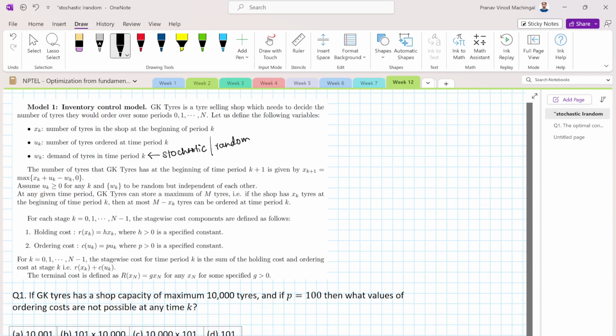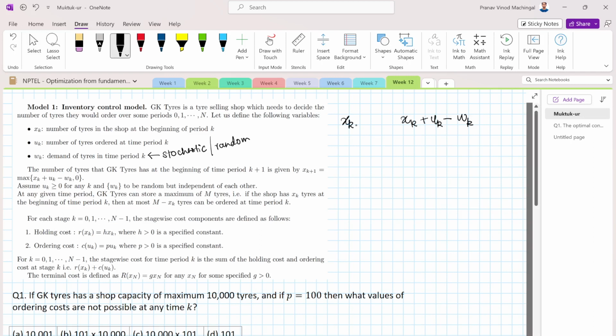So this is how the system is evolving. In the next month, your stock will be equal to whatever is your stock at the current month plus whatever you have ordered in this month minus the demand. So this is what the stock will be at the next month.